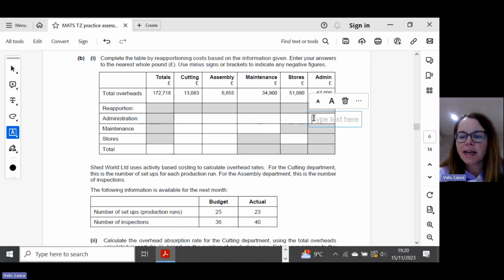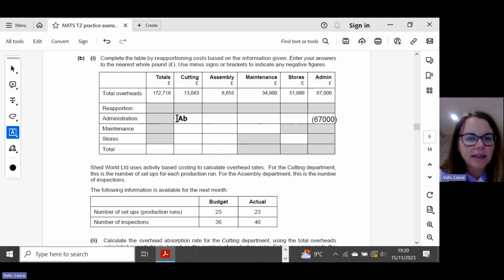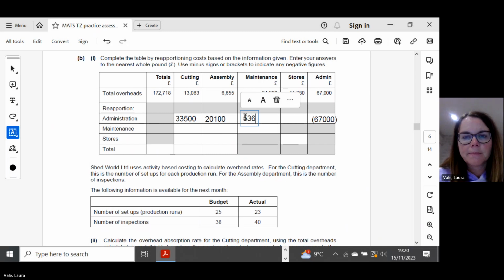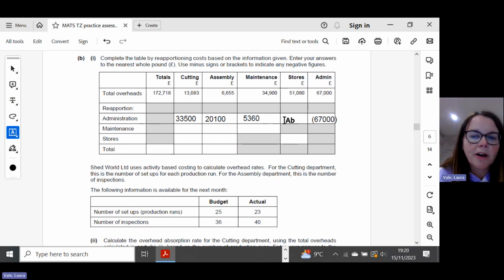So we're going to take it out of admin, so I'm going to put that in brackets. And then we're going to do 50% to the cutting department, 30% to the assembly department, 8% to maintenance, and 12% to the stores.